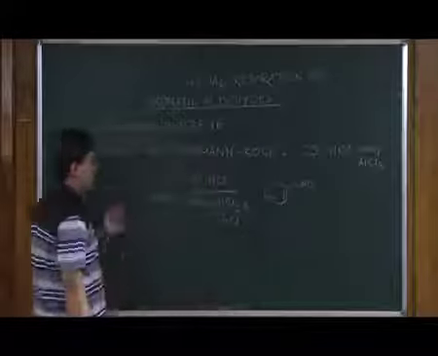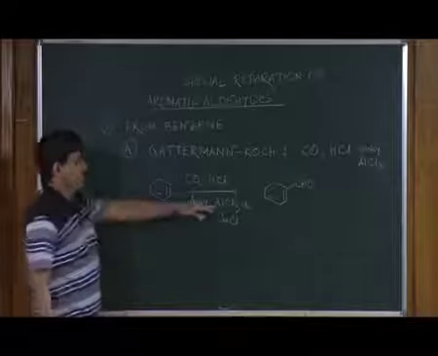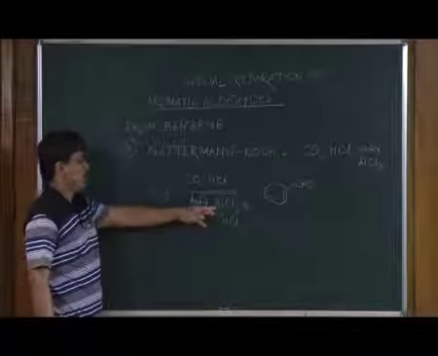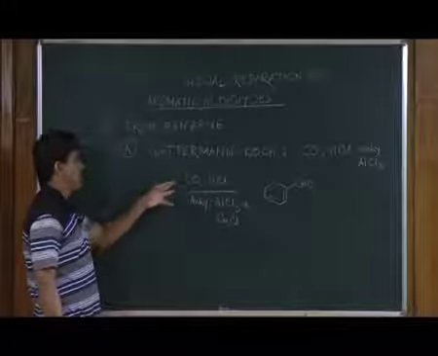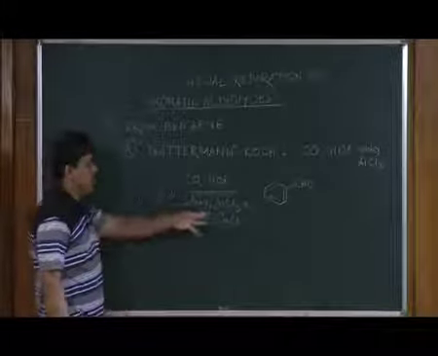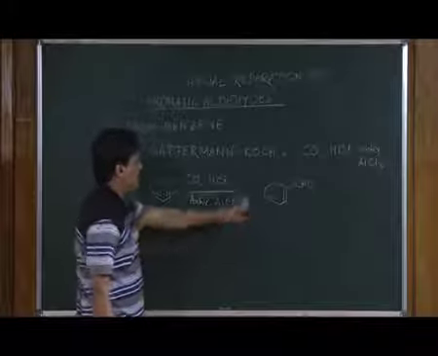So, this is a Friedel-Crafts type reaction, and as I told you in the previous slide, a Lewis acid has to be used if you want to functionalize the benzene ring. So, here this catalyst helps in the Friedel-Crafts reaction.